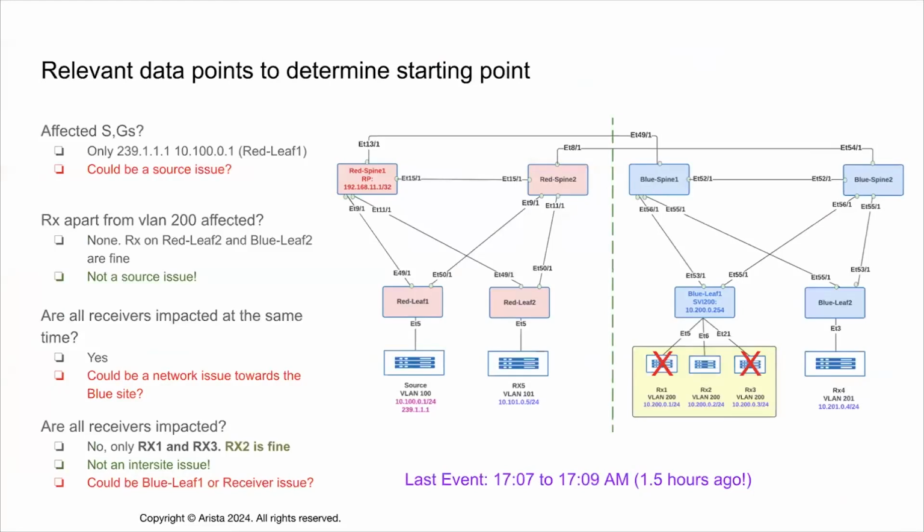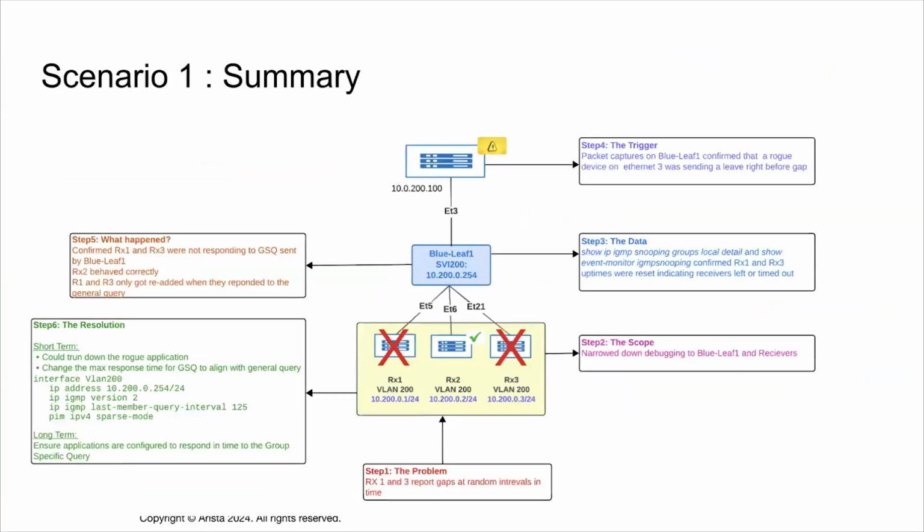So coming back to our slides. To sum up, our issue was we saw gaps in VLAN 200. And then, based on the initial questions we asked, we narrowed down our scope to BlueLeaf1 and the receivers that were connected to it. Once we started looking at the snooping table and event monitor tables in BlueLeaf1, we were able to confirm that during the issue state, affected receivers, receiver 1 and 3, were indeed getting reset inside the snooping table.